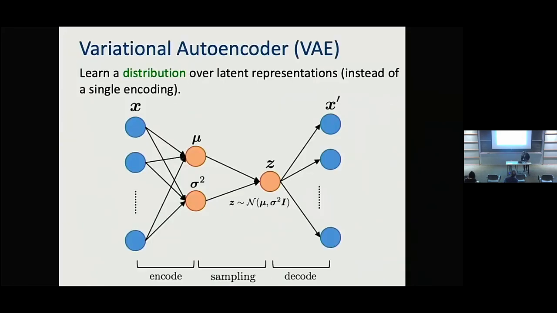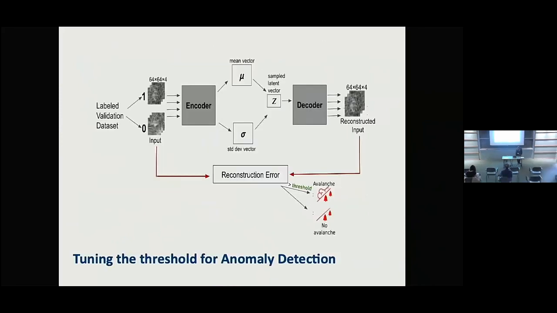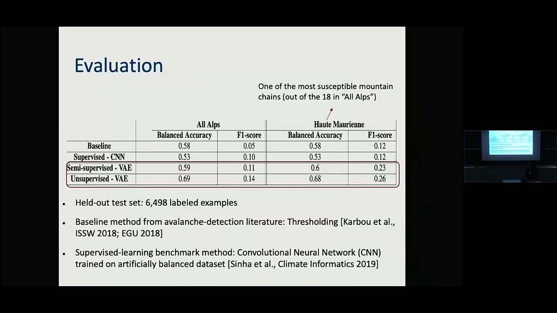Quick other question. Are you including time? Sorry? Are you including time? In this one, we are not, but that's a really interesting point. When I talked about the different orbits, I think they might have a 6-day coverage.